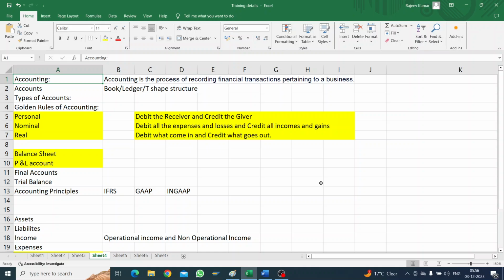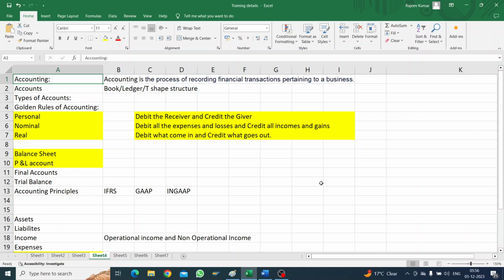Now let us understand what an account is. In very simple form, it can be called a book, like in a notebook where you keep noting down all your transactions. It can be considered as a ledger.